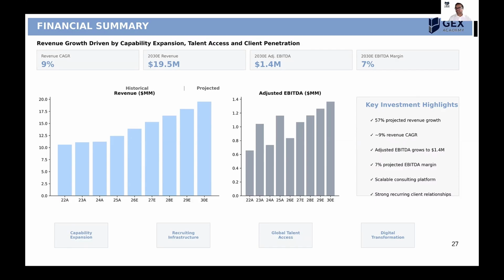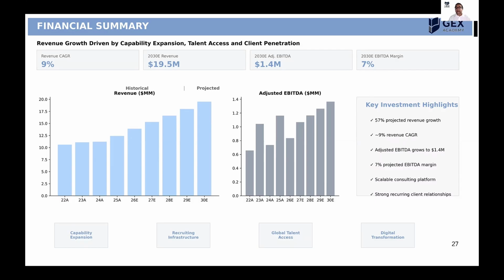Many of the initiatives discussed through the SIM are focused on expanding opportunities that already exist within the company's current client base and vendor relationships, right? In terms of EBITDA, perhaps even more significant is the projected EBITDA growth, right? Adjusted EBITDA increases from $430,025 to 1.4 million by 2030. Notice that EBITDA is growing much faster than revenue, right?